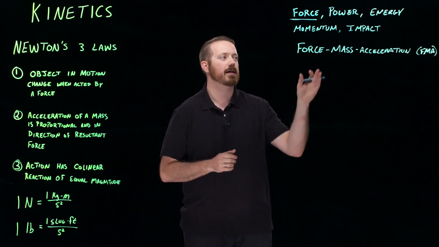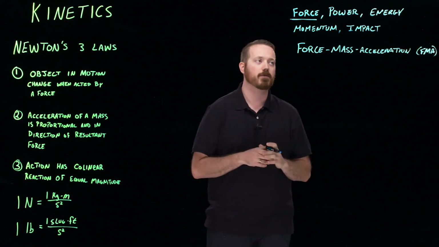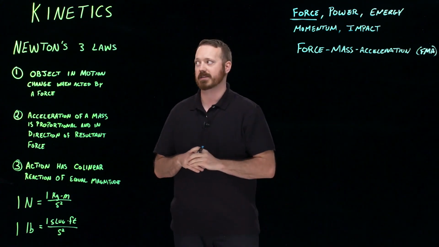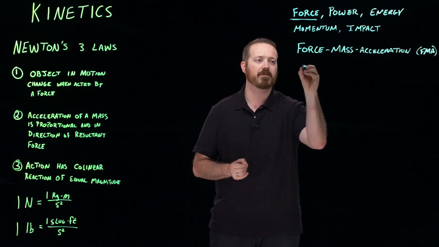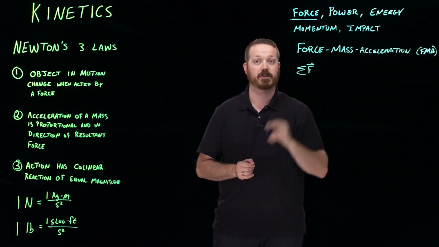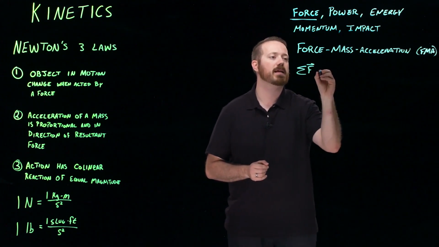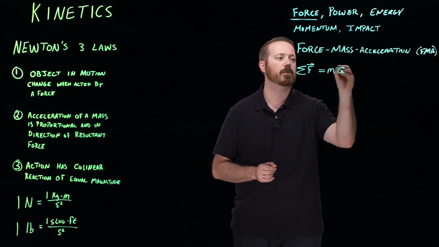So the force mass acceleration method is summed up by saying that the resultant force is equal to the mass times the acceleration. So the resultant force means we have the sum of all the forces acting on a particle, and it's a vector, of course, has to be equal to the mass of that particle and the acceleration of that particle.